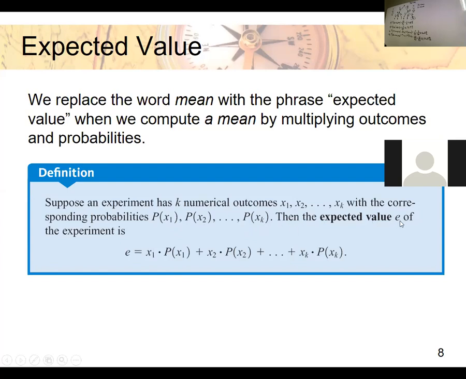Then the expected value, which we're going to denote as lowercase e of the experiment, is just this: we take the sum of the products of the individual outcome times its associated probability. That's basically what that means.